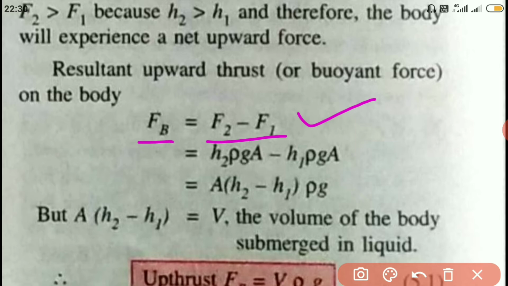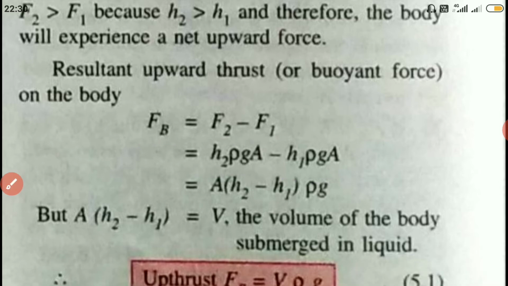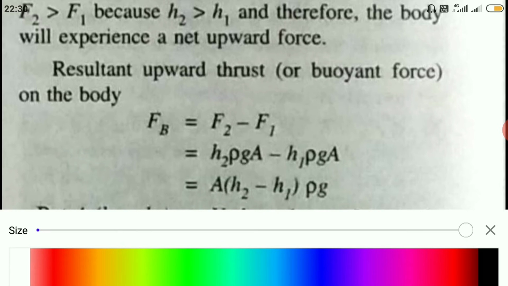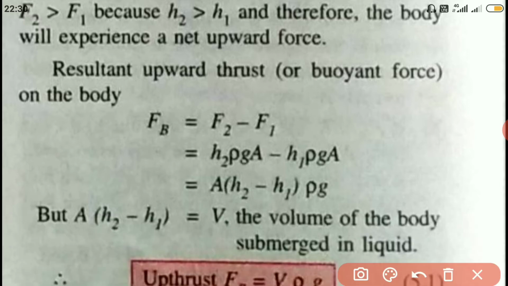Now F2's value is H2 rho gA, and F1's value is H1 rho gA, which I have just seen. From this expression, the common thing here is rho gA, so it can be taken out common.